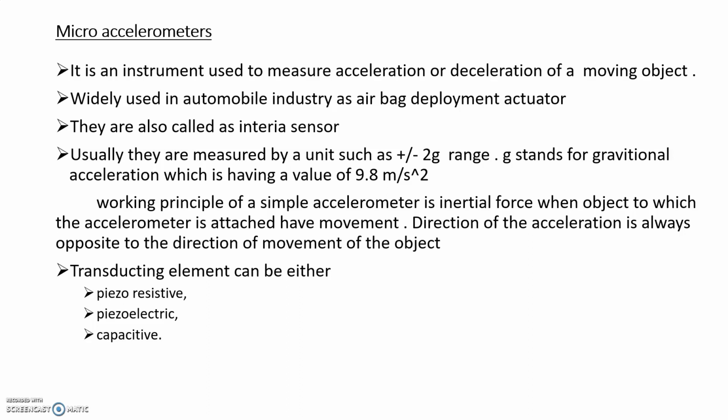Now, in the next slide, we will learn about a basic structure of a micro accelerometer. We cannot say it is like the accelerometers used nowadays, but the working principle can be explained in detail with the help of that diagram.